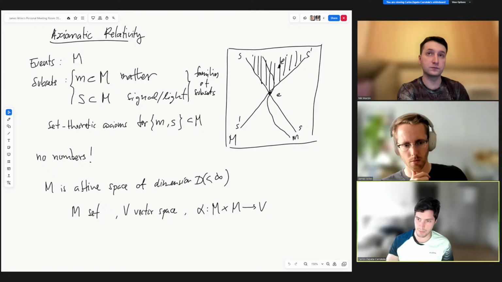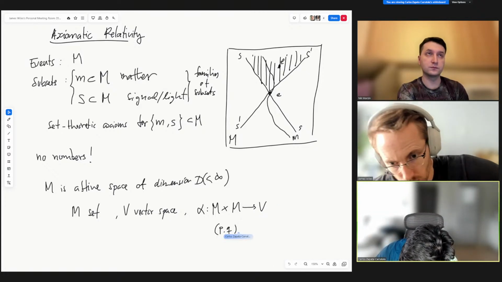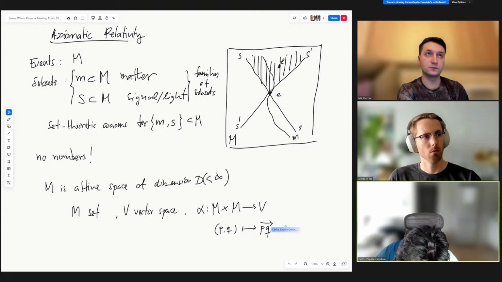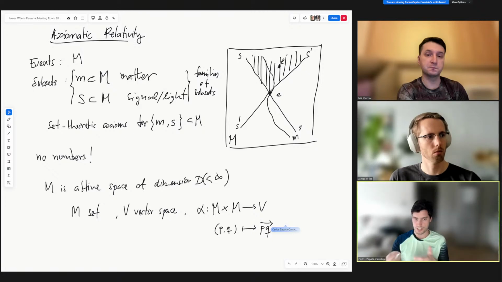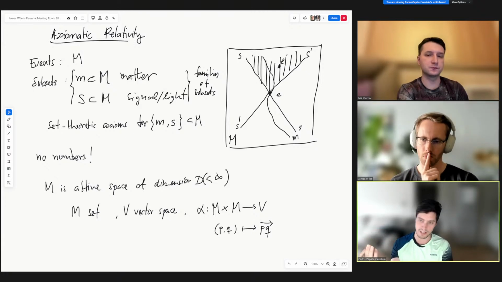That's the affine map. This is the usual map that sends a pair PQ to what people call the arrow PQ. It needs to satisfy a bunch of axioms, as you can imagine. Things like the diagonal, PP, gets sent to the zero vector. If you send PQ and then QR, there's a parallelogram rule that's satisfied, and so on.